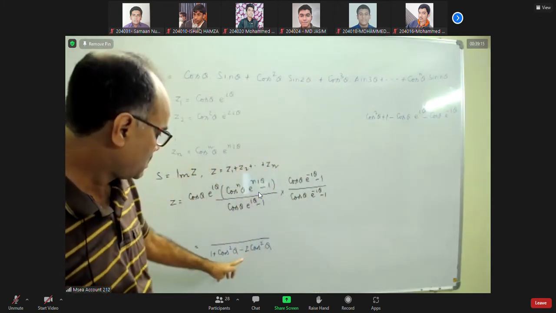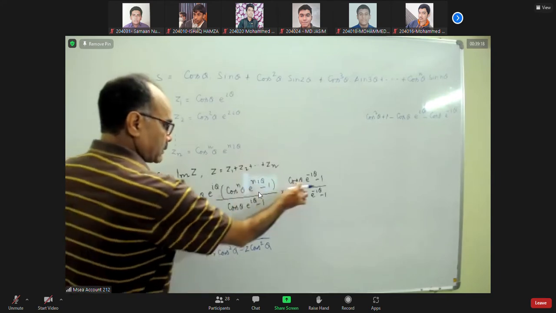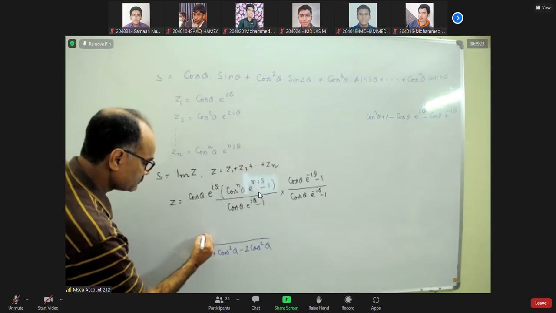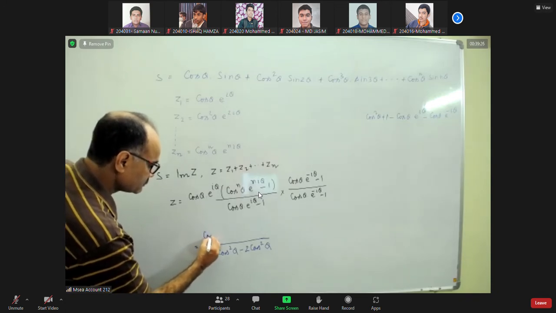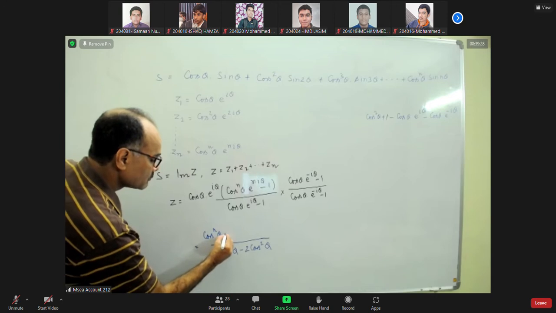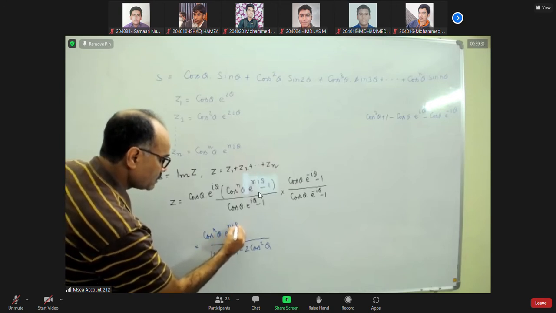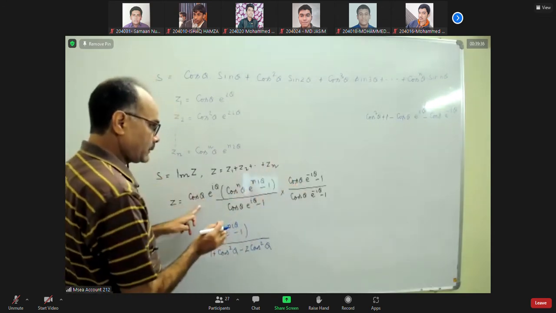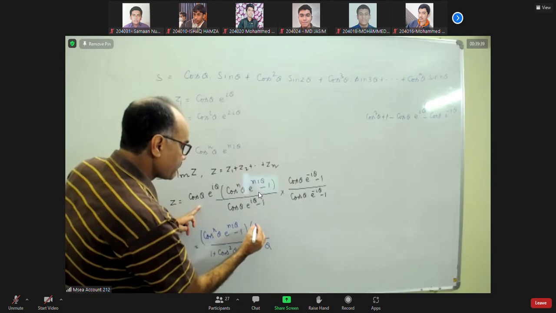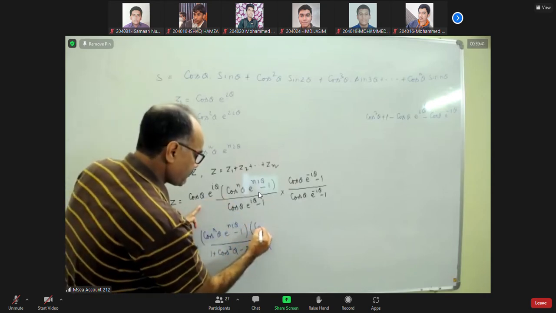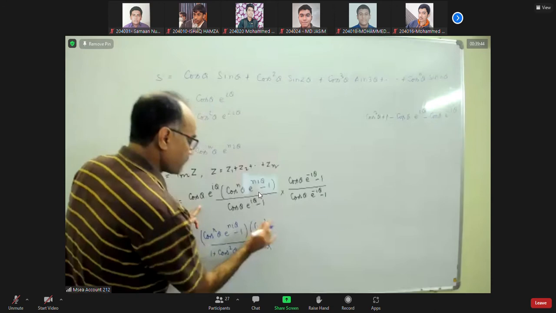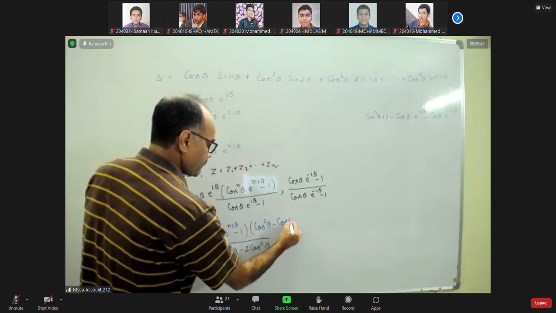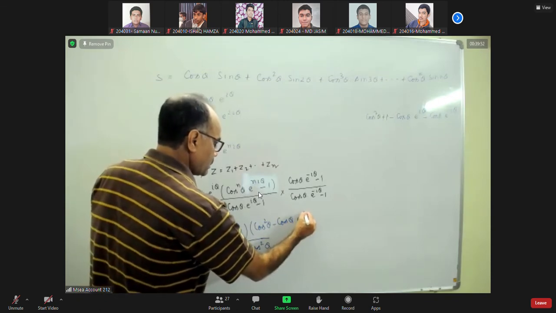Okay. Now this part cos square theta e to the power n I theta minus 1 into cos square theta minus cos theta to the power I theta.